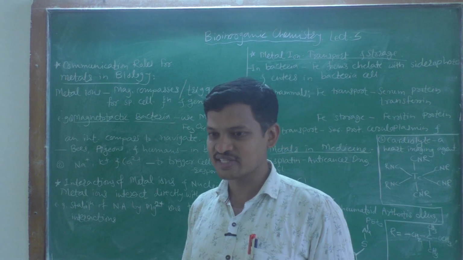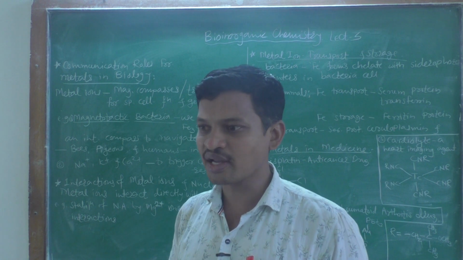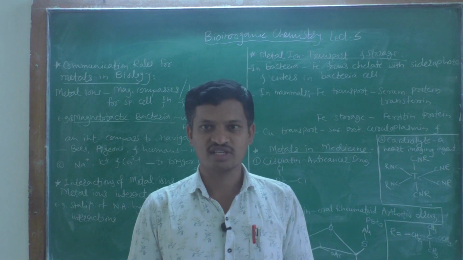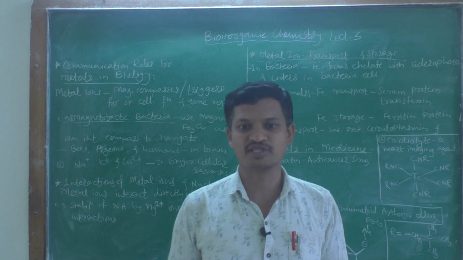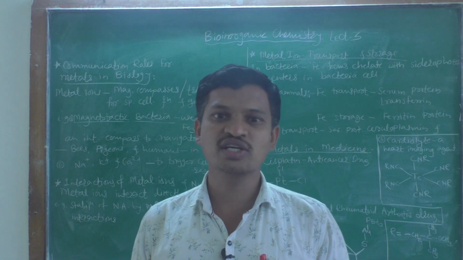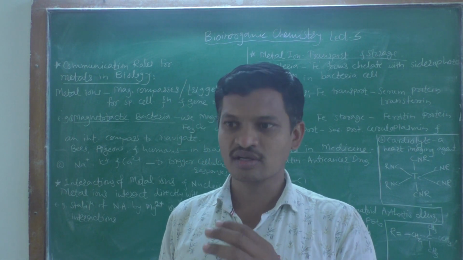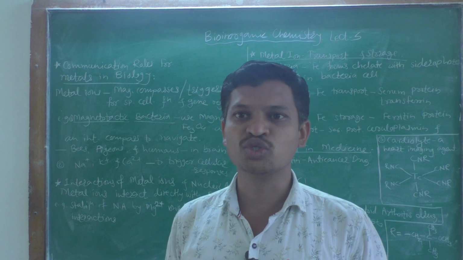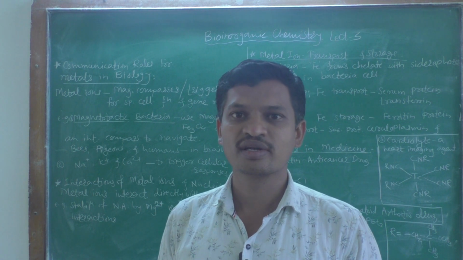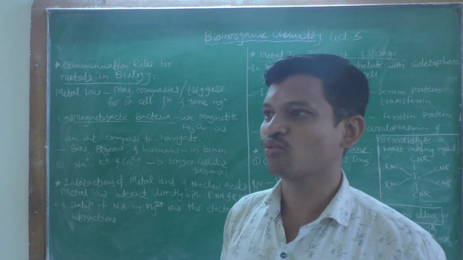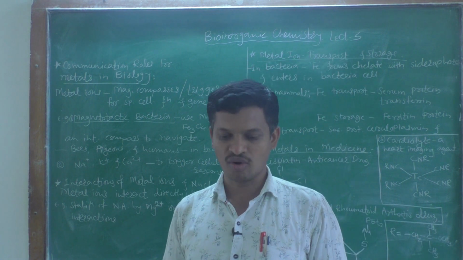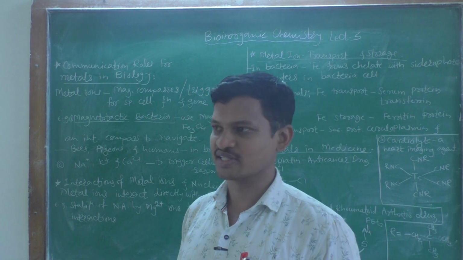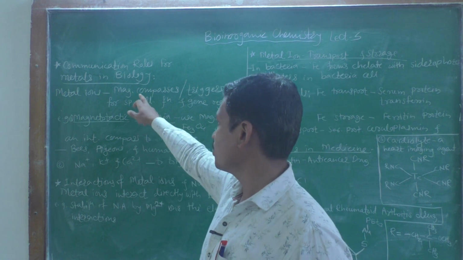Magnetic compasses in the sense they are used to navigate. They are used for navigation purposes, to which direction the particular organism should move while moving or during transportation or in other cases. So this is the meaning of magnetic compasses.